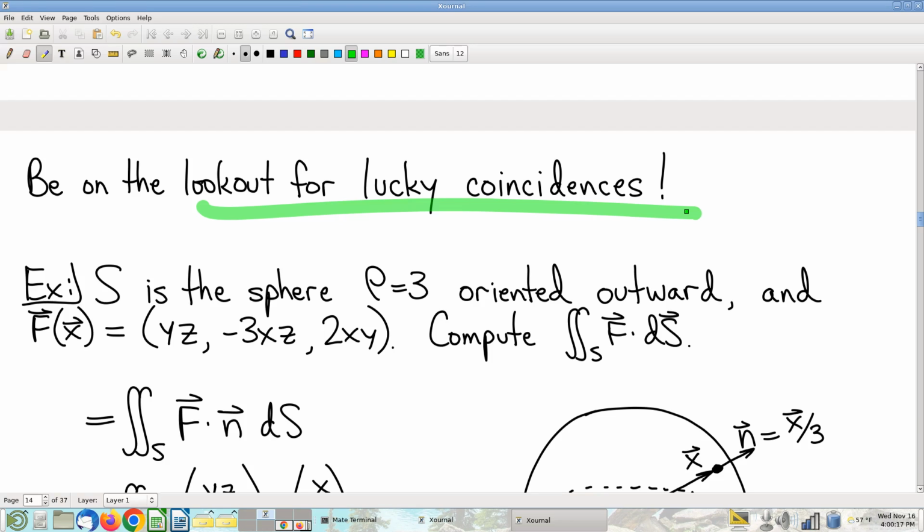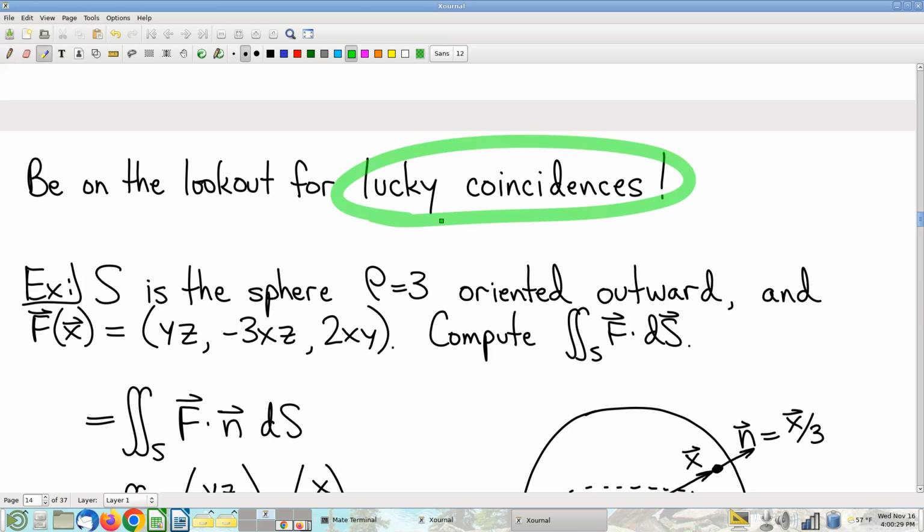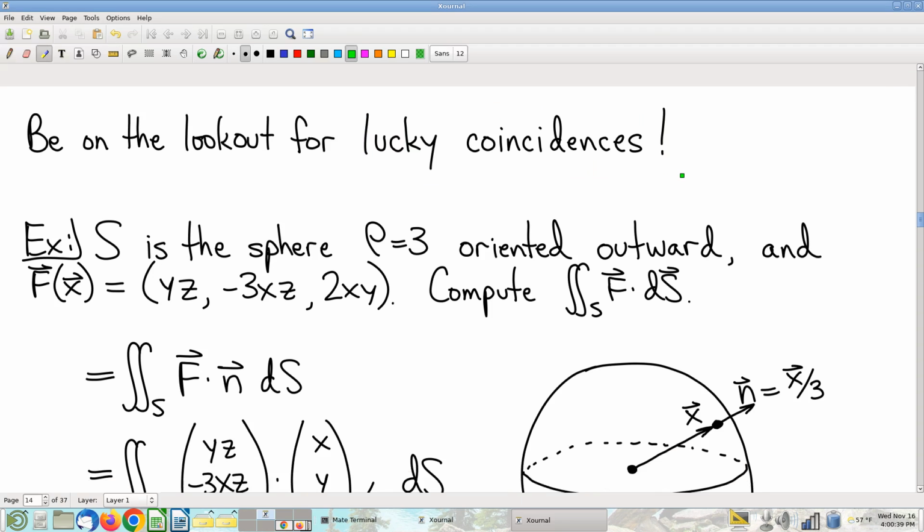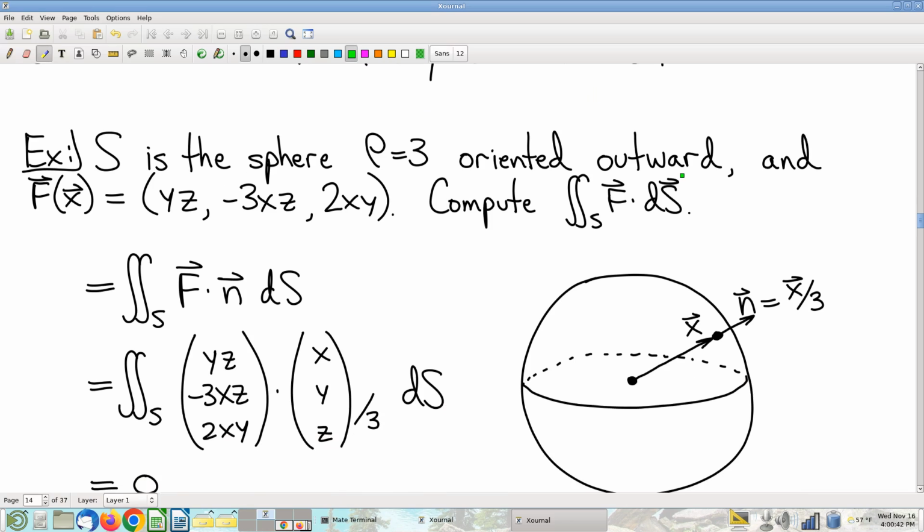One of the most powerful computational tools for integration that I'm aware of. So really awesome. And the lucky coincidences I'm going to show you here are maybe not quite as common and powerful, but when they work, they're equally awesome, equally useful. They just maybe don't come up quite as much.